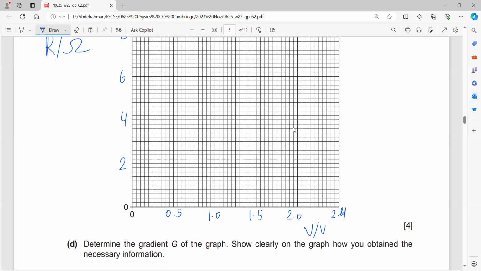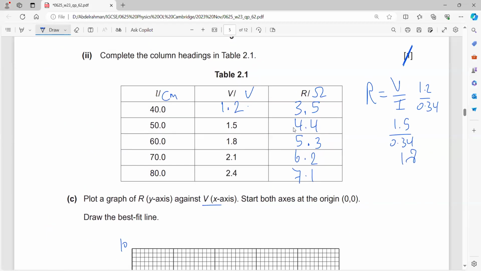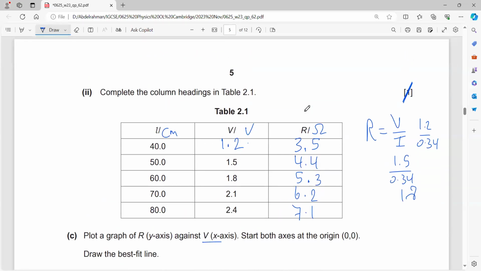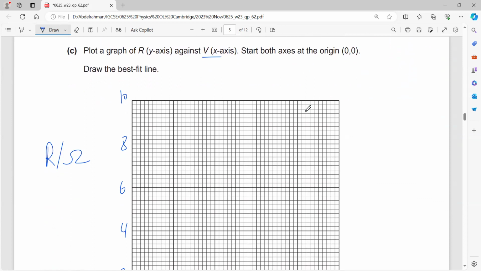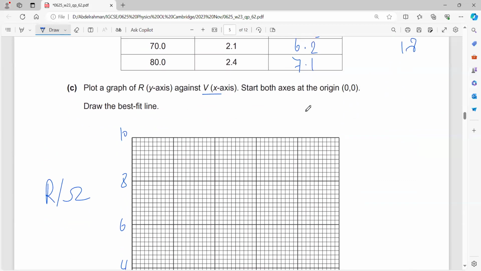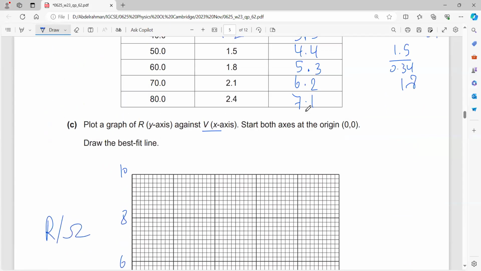Here I spread out the voltage much better than the resistance. The problem is that he said I have to start from the origin. Is that the best way to spread out this graph? No, it's not the best way. But he wants us to start from the origin, so I will start from the origin. That's it. Let's plot the points.